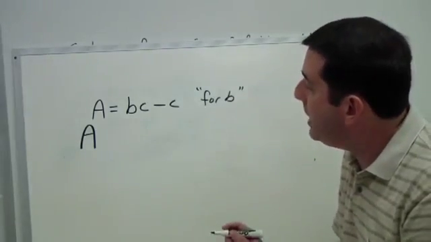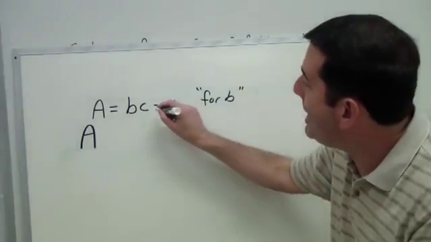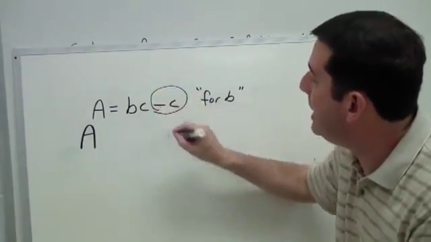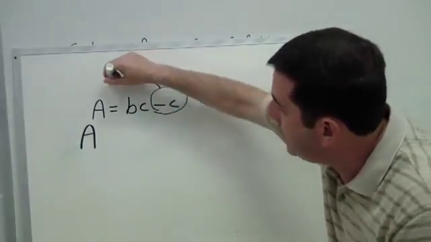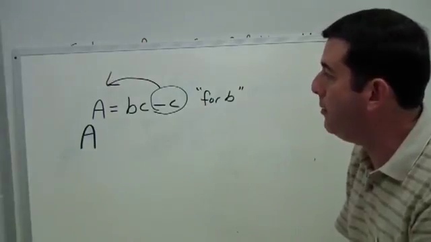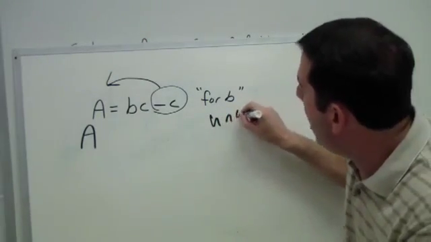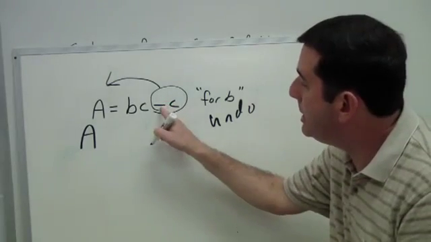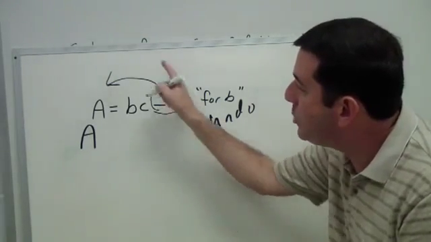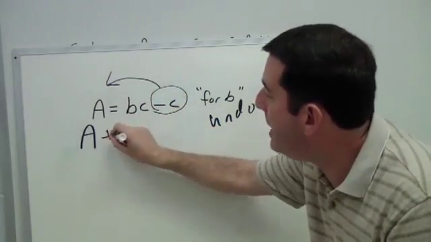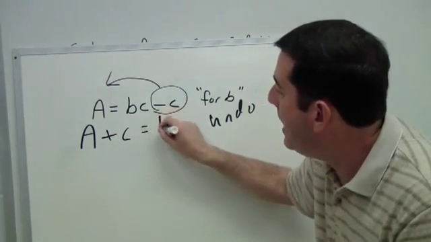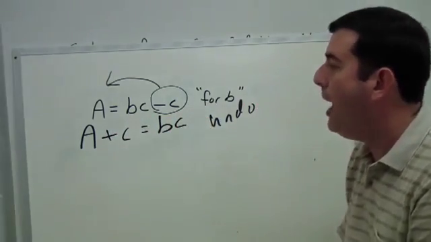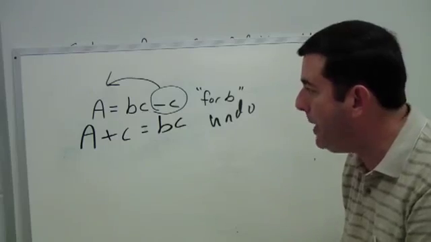The first thing that needs to happen here, I need to get rid of the C that has been subtracted. I need to move it to the other side. How do you undo subtraction? You add. So since this is a minus C, as we move it to the other side, we'll add. Now that gets us to A plus C equals BC.